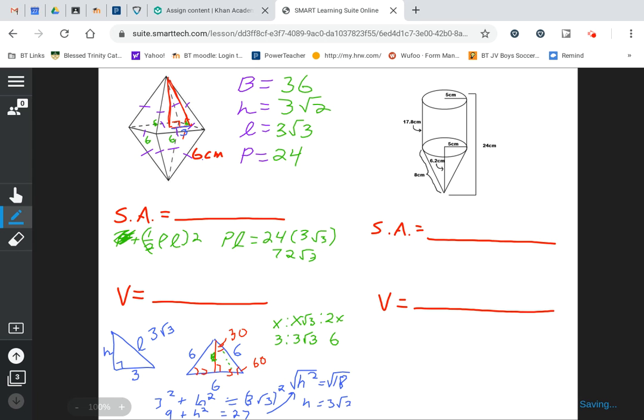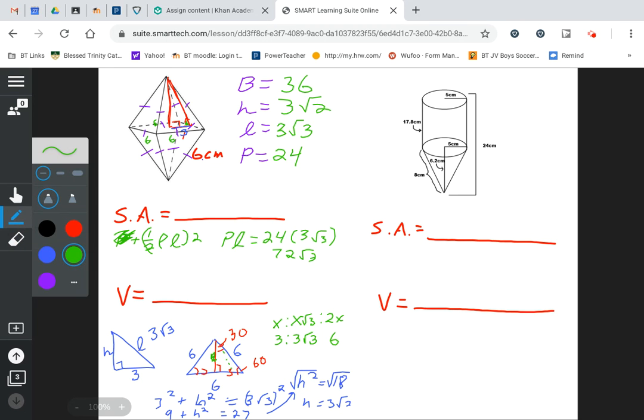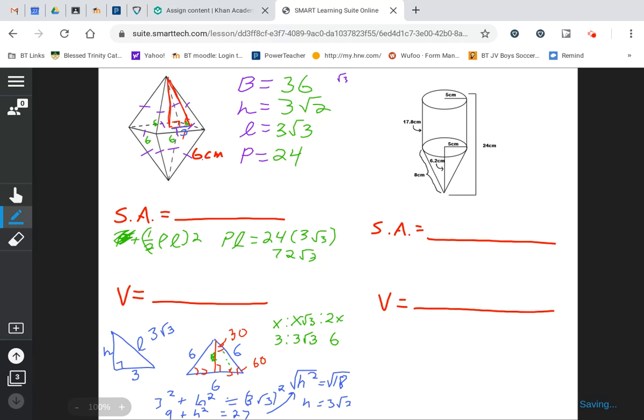Now, there's another way to do this. If you remember way back, a few lessons ago, I was telling you about the area of regular polygons, that the area of an equilateral triangle is equal to the square root of 3 over 4 times the side squared, right? So if we did that, square root of 3 over 4 times 6 squared, well, that would give me 9 root 3.